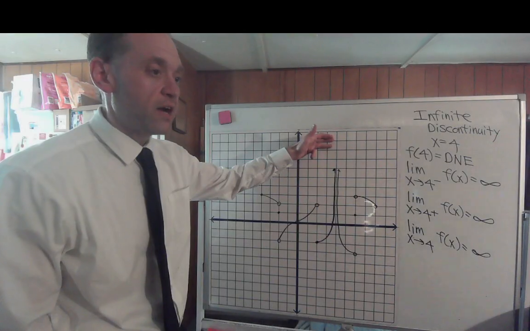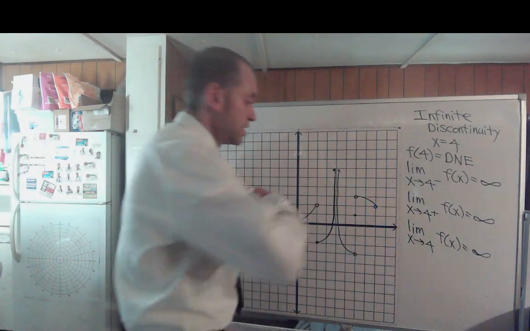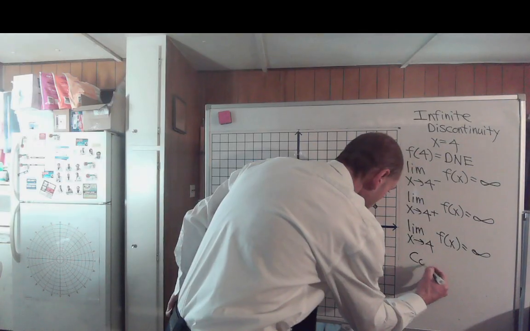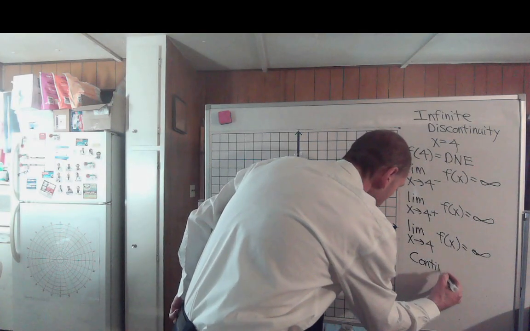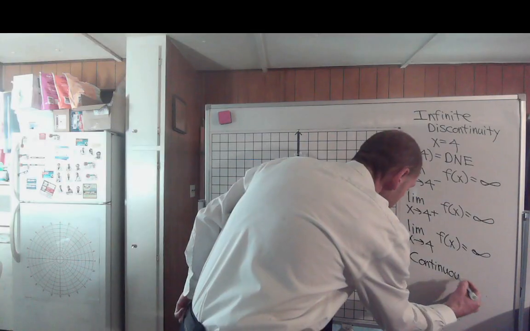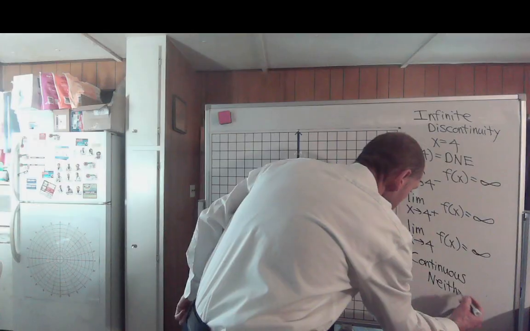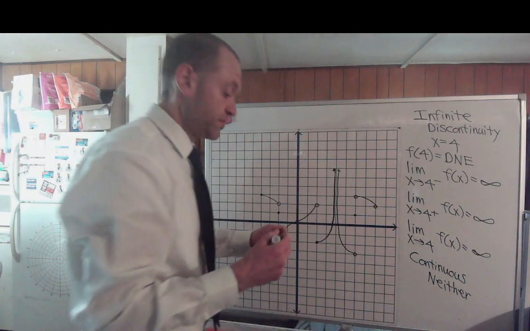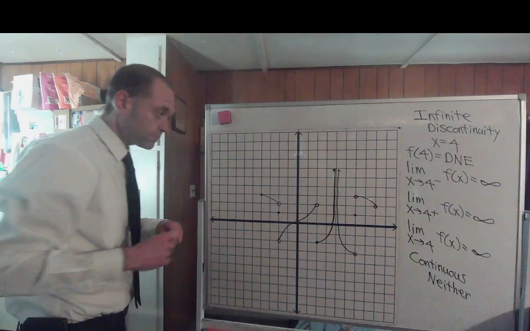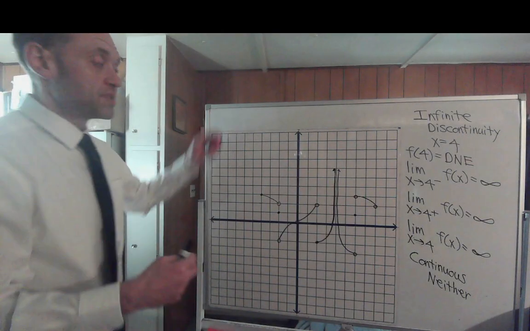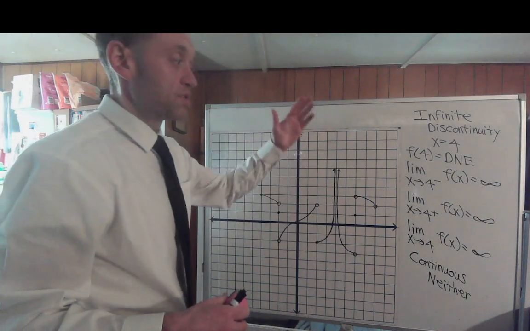There's no y value you can define it as, so it's continuous neither left nor right. So this function at the point x equals positive 4 is continuous neither left nor right. So that's everything about the discontinuity at x equals 4.